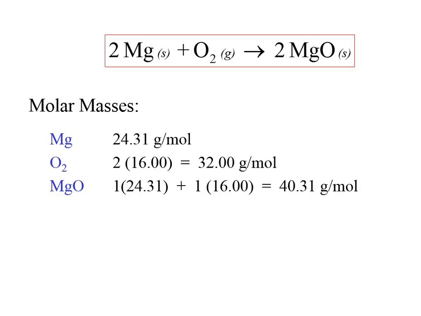Okay, so let's work this. I've gone ahead and I have all the molar masses here. You wouldn't have to show the molar mass of magnesium, 24.31 grams per mole, but you could. But you do need to show the next two. So for oxygen, it's 2 times 16.00, or 32.00 grams per mole. Don't forget your units.